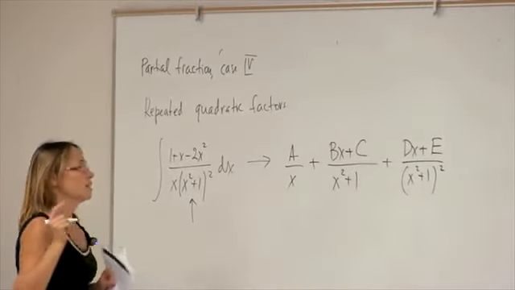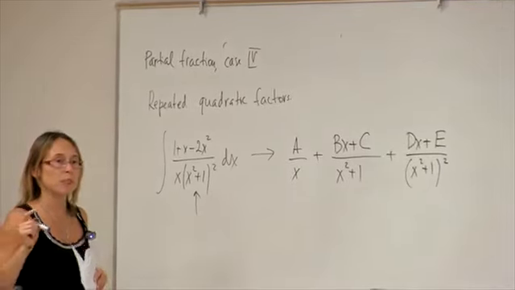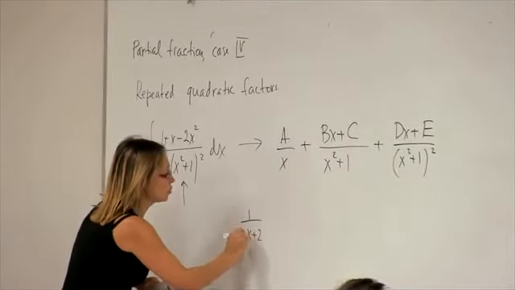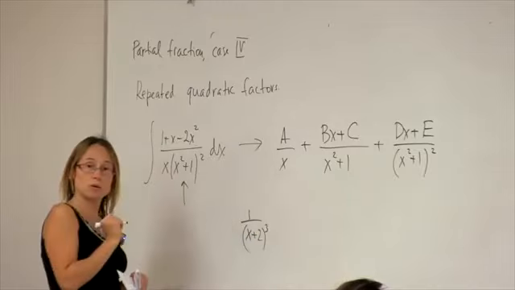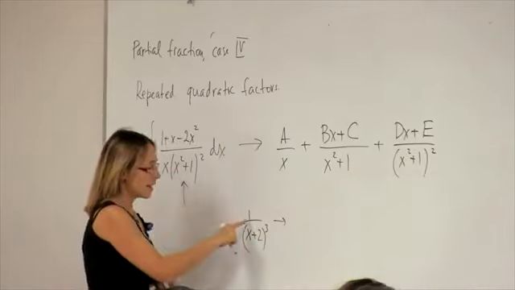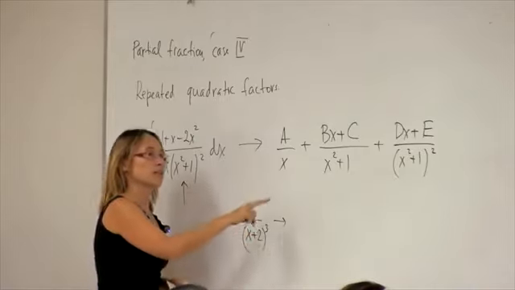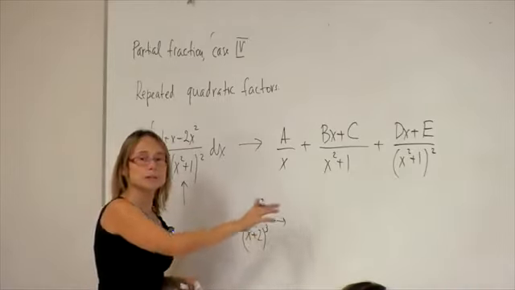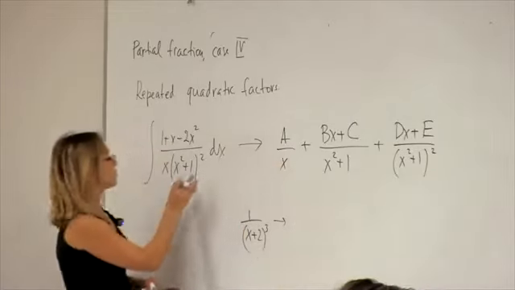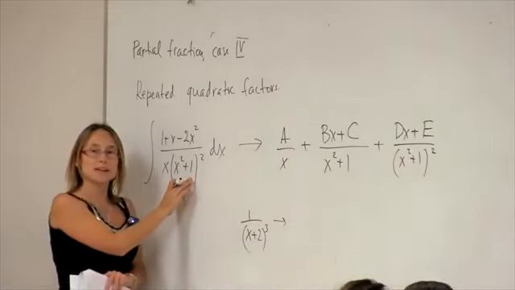Remember when we had repeated linear factors? For instance, if I had 1 over x plus 2 to the third power, this would end up giving me 3 terms: A divided by x plus 2, plus b divided by x plus 2 squared, plus c divided by x plus 2 cubed. Okay? The same thing happens to irreducible quadratic factors if they're repeated.